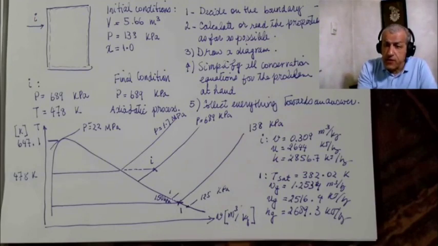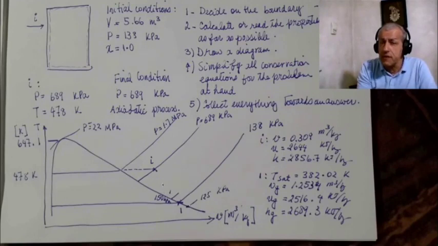If these two mix, would the temperature be somewhere in the middle? We know that the final pressure would be on this line. We already know it. Okay, but will the final temperature be to the left of the incoming steam, or will it be to the right?